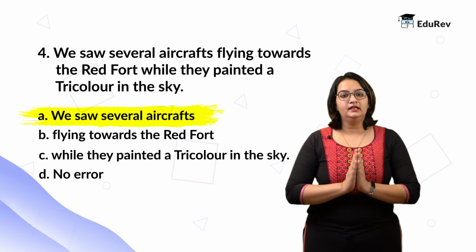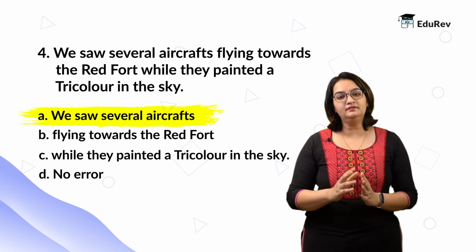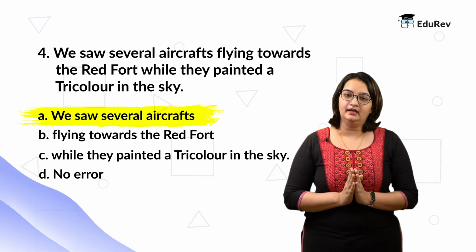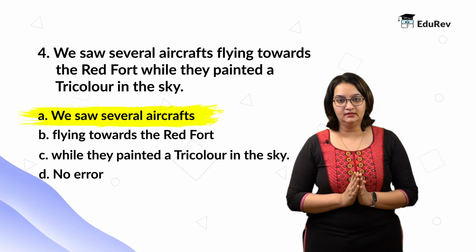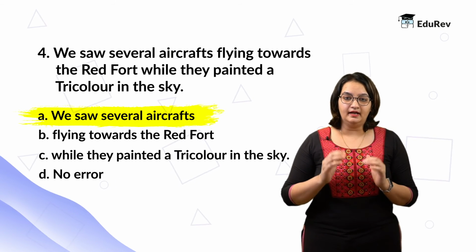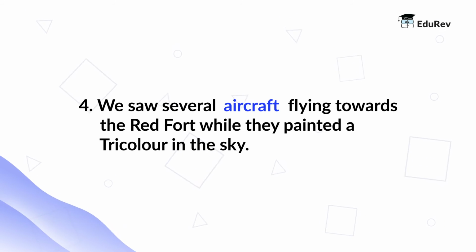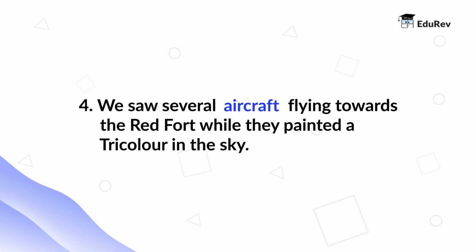For example, even if there is one plane, we are going to call it an aircraft. And even if there are 10 planes, we are still going to call the bunch of them aircraft. We are not going to use the plural form aircrafts for that. Okay? So, the final corrected statement should be, we saw several aircraft flying towards the Red Fort while they painted a tricolor in the sky.